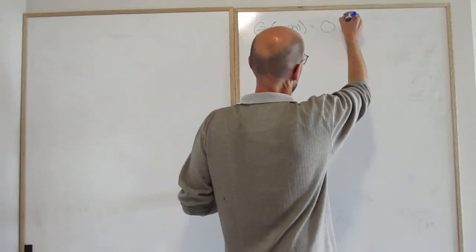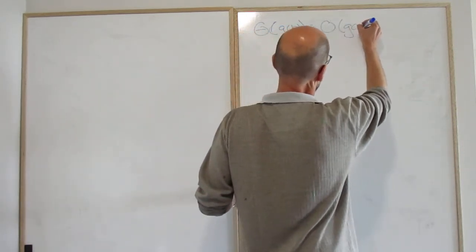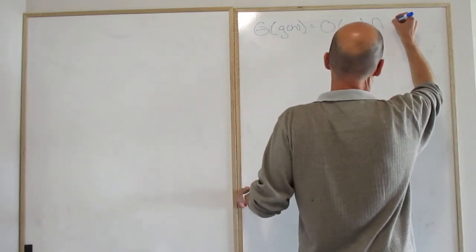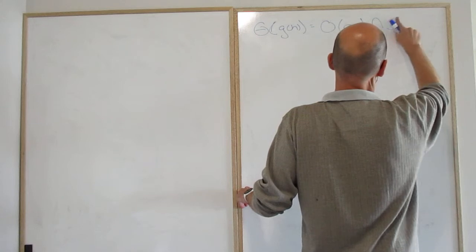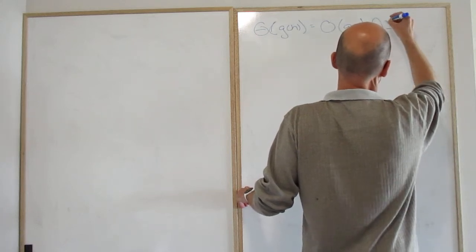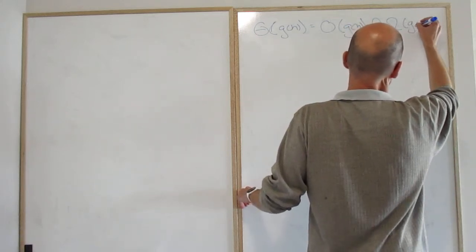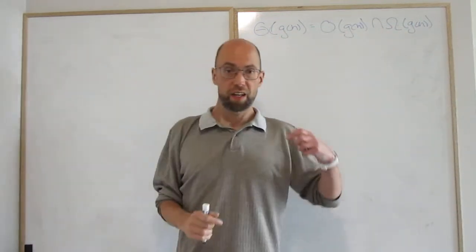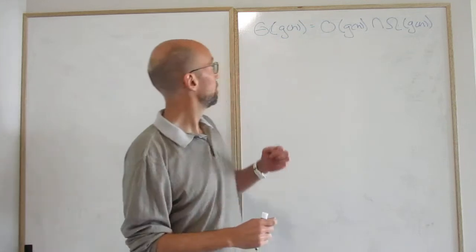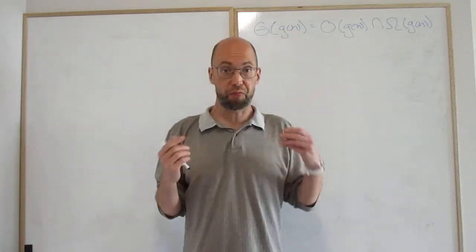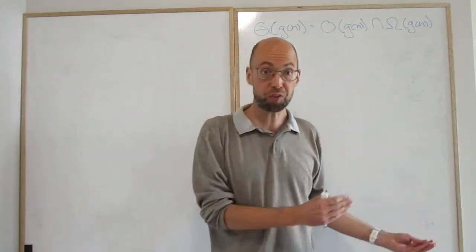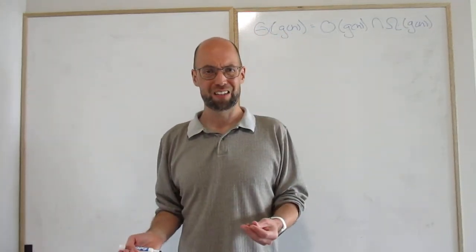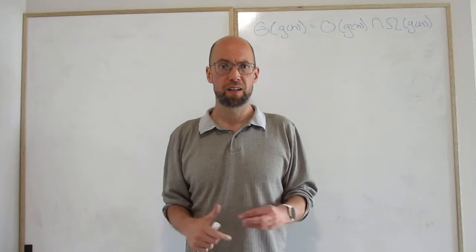That's the intersection of O of g of n, cap, intersection with omega of g of n. Okay, so if some function is in theta of g of n, it means it's at most about g of n and it's at least about g of n, so it's about g of n. Okay?